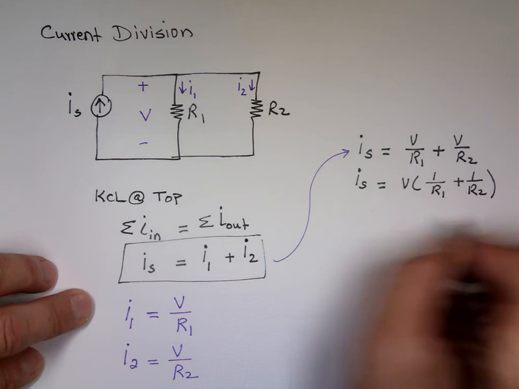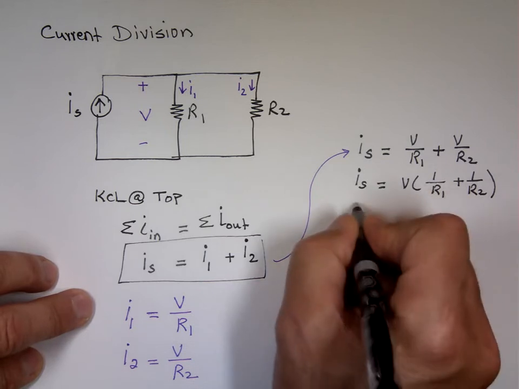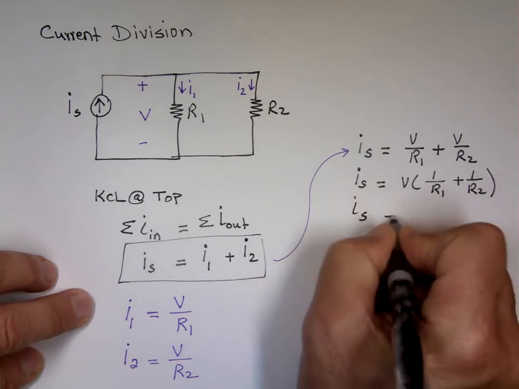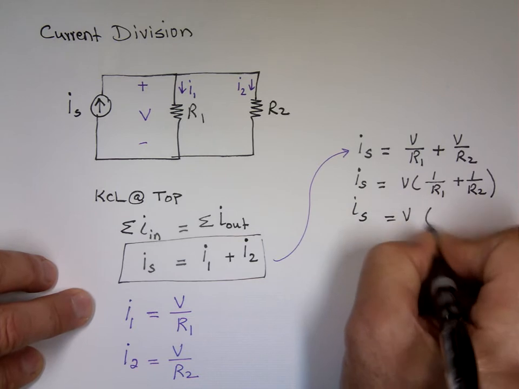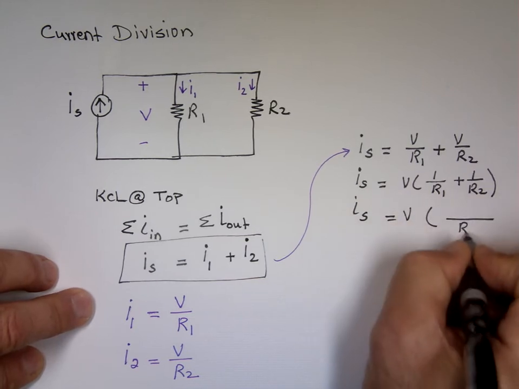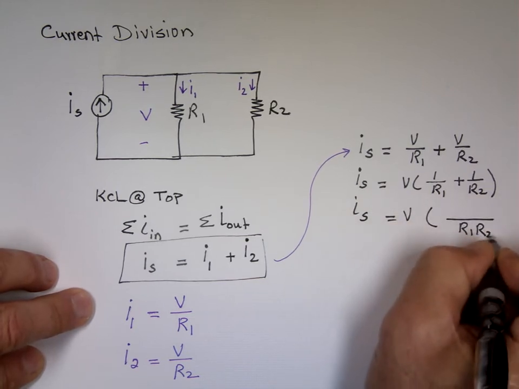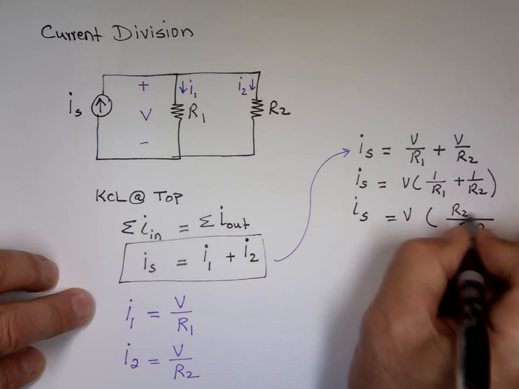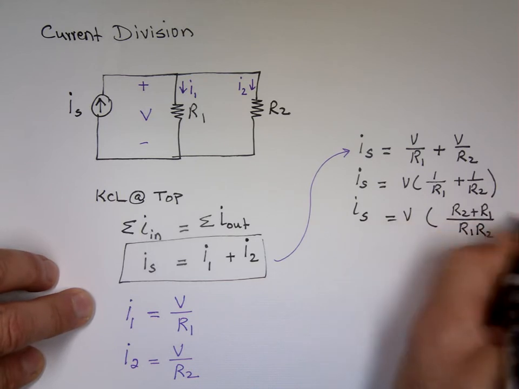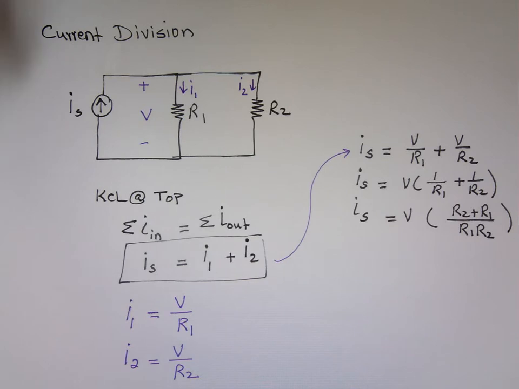Now, if you do the math here, LCD is what? R1, R2. This will be R2 plus R sub 1. LCD. So what's the voltage?